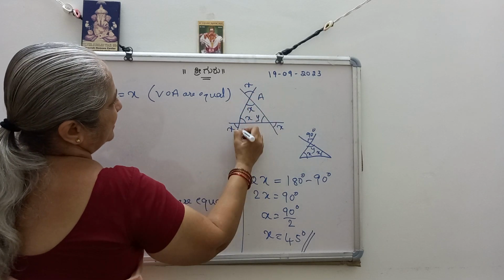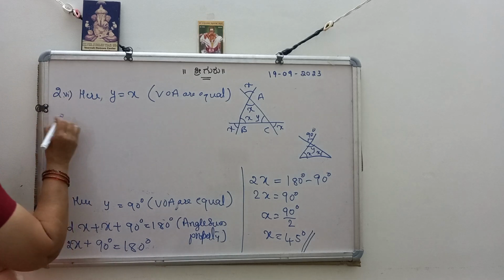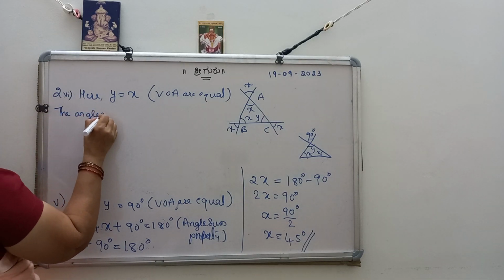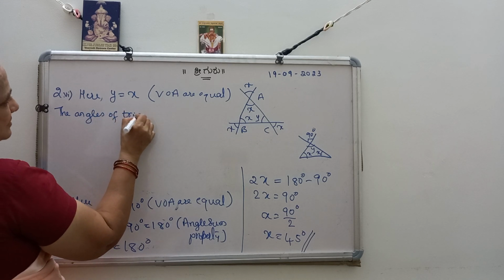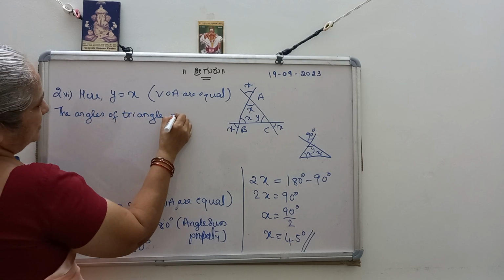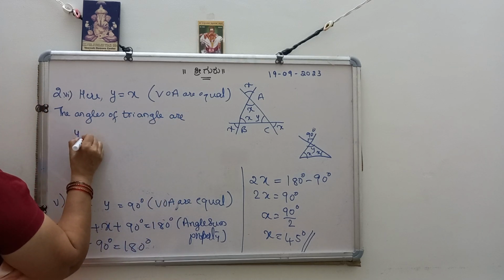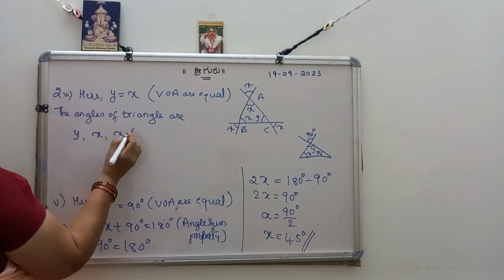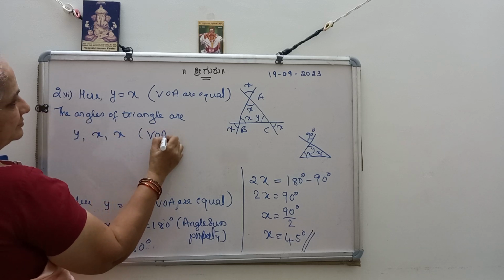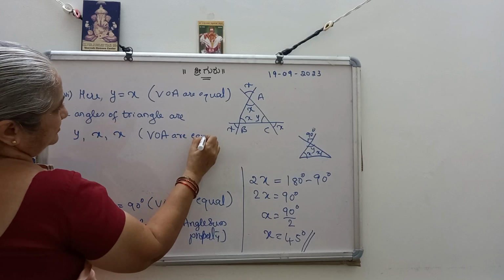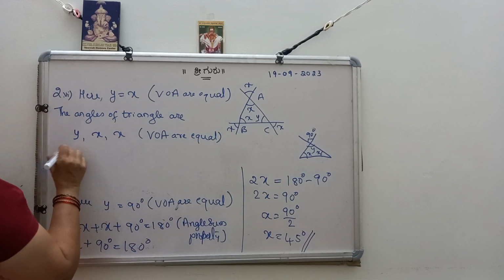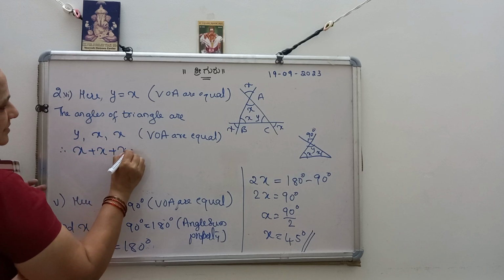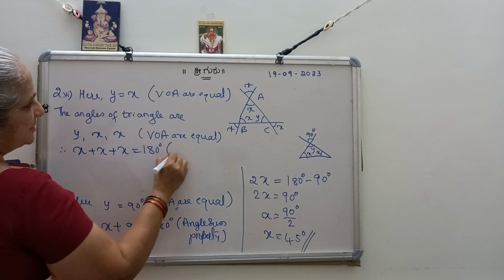Let us name the triangle as ABC. The angles of triangle are y, x, x, because vertically opposite angles. Therefore, y plus x plus x is equal to 180 degrees.